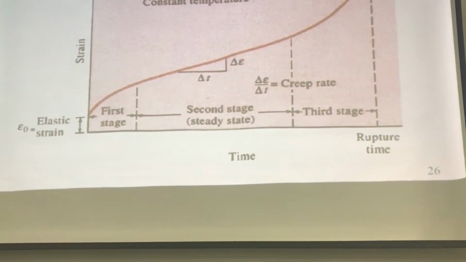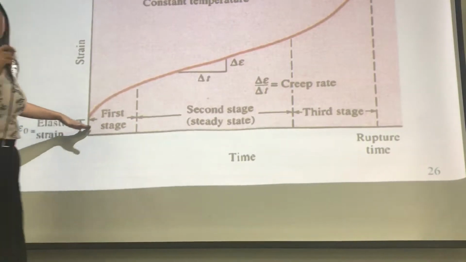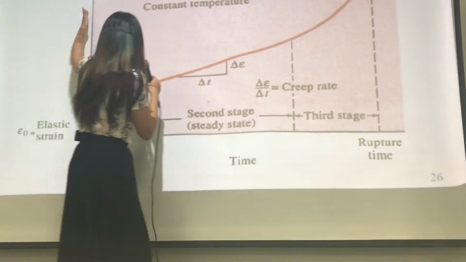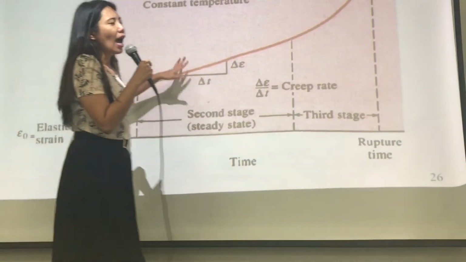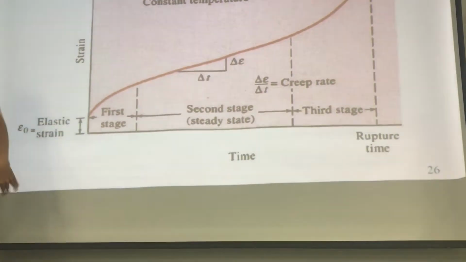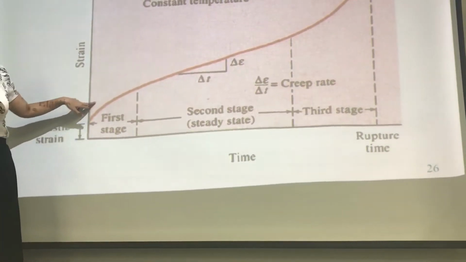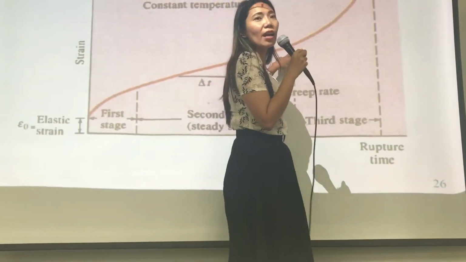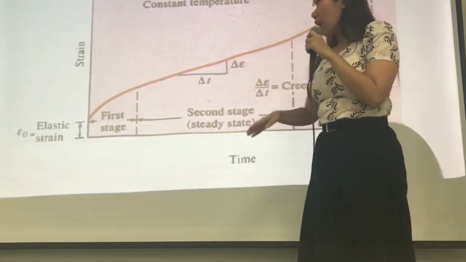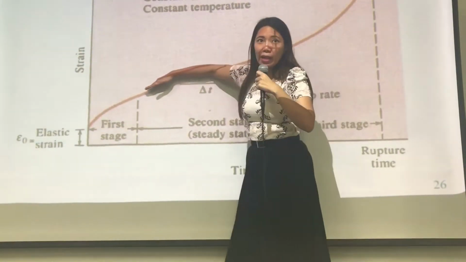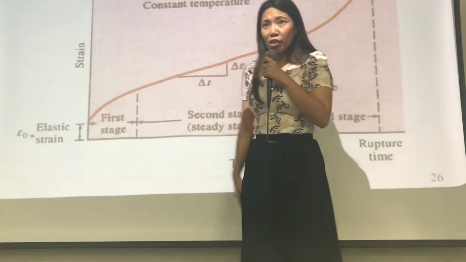Alright, next. This is a creep curve. Again, this is the time, and this is the strain. It looks like three regions. The first region is the first stage of creep, then the second stage, and then the third stage. In the second stage, it's more like a constant rate of elongation.